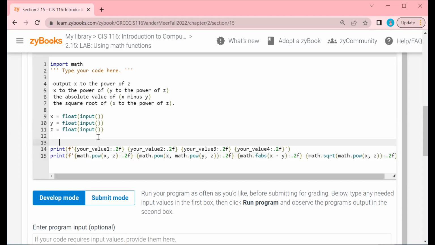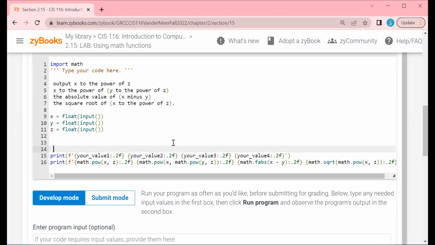So if I wanted to use line 14, which is a little bit more simple, I'm going to do the first one. So I'll say, your value for number 1 is equal to, what are we trying to calculate?